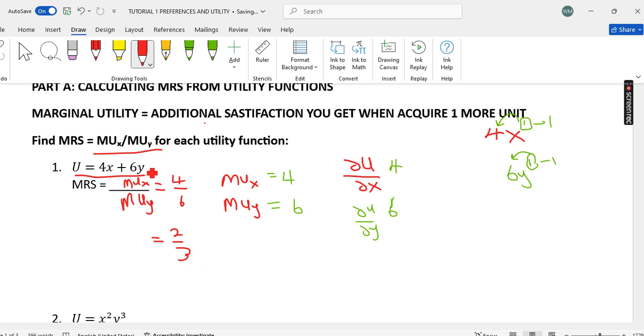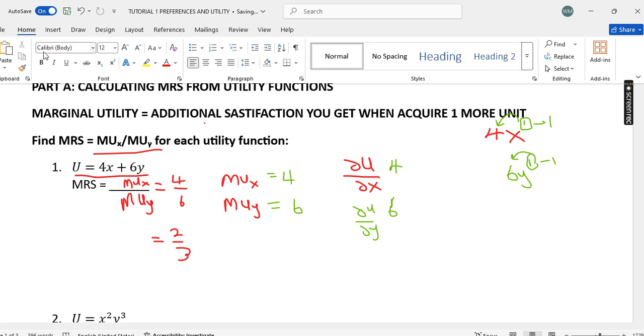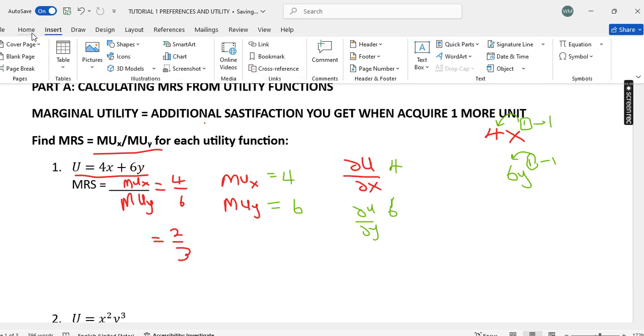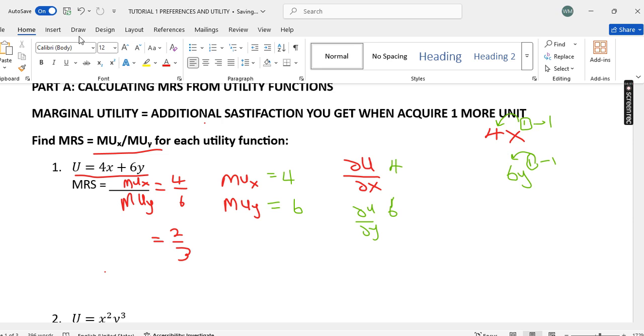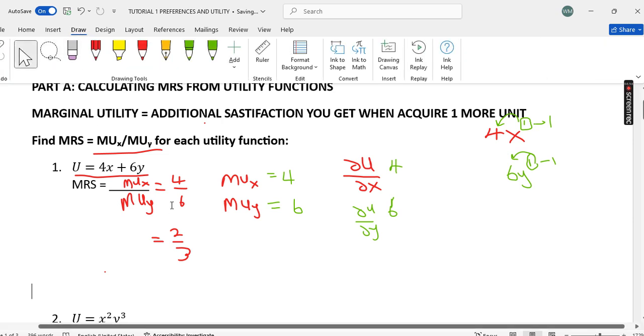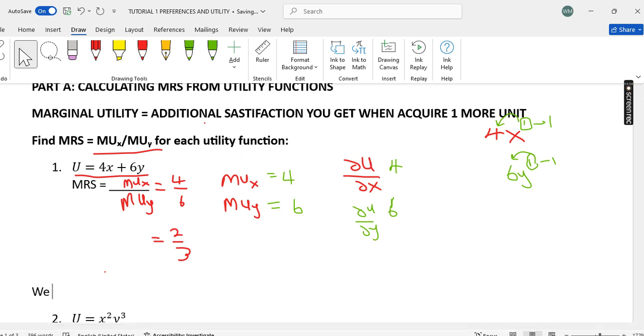Okay, so how do we interpret this? This is how you interpret it. We are giving up 2 over 3 units of good y to get 1 unit of good x.